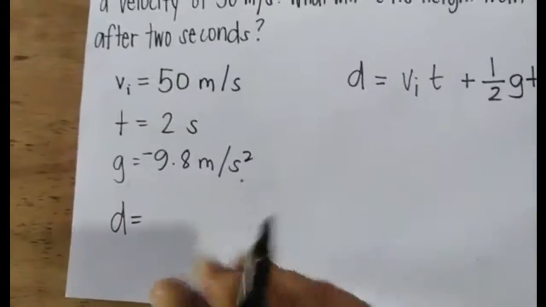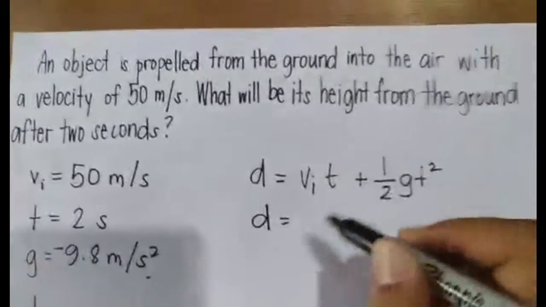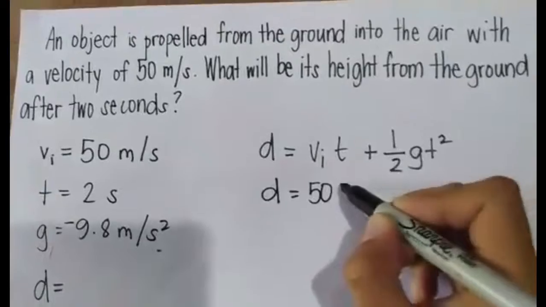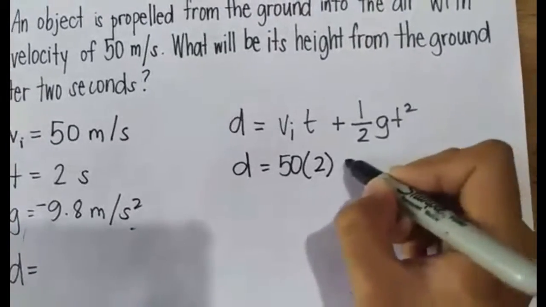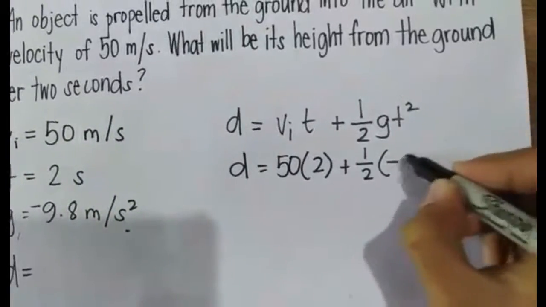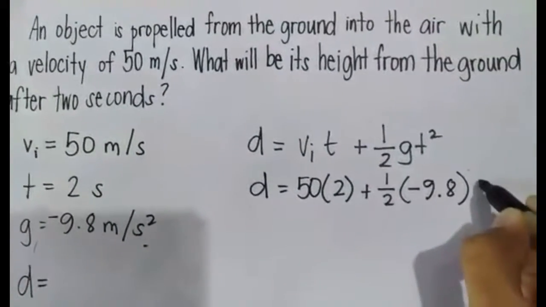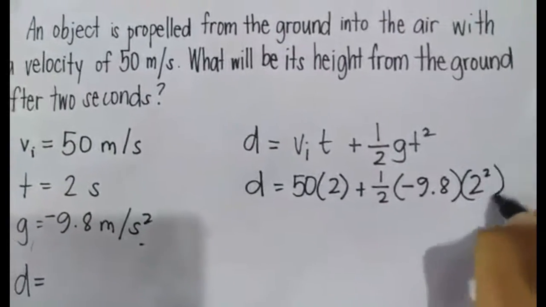Substituting these values, we will be writing 50 times 2 plus 1/2 times negative 9.8 times 2 squared.